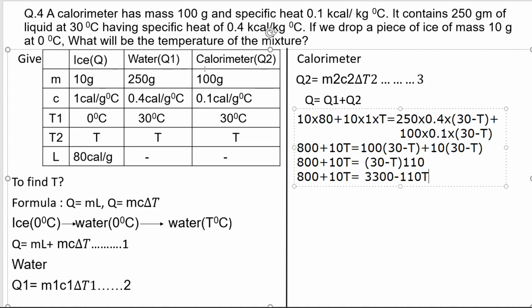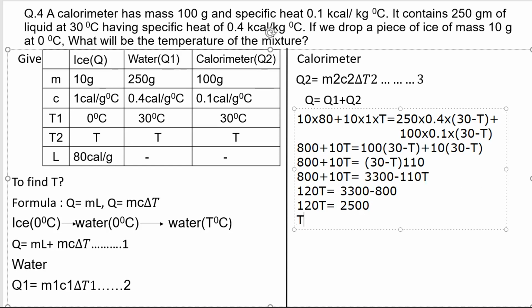Here minus 110T is there and on left side 10T is there. So take minus 110T to the left side. We will get 110T plus 10T, that is 120T, is equal to 3300 minus 800. Take 800 to the other side. That is 120T is equal to 3300 minus 800, which is 2500.